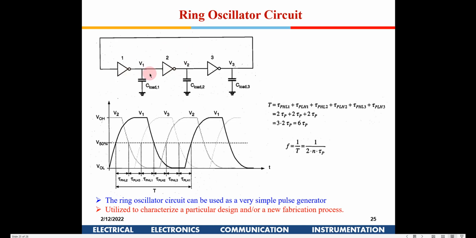Generally, when a new device is fabricated, the technology people, instead of defining CG and I, give these kind of curves. This is like if you have inverters connected in a chain, the frequency, the higher the frequency, what is the frequency which you are getting?